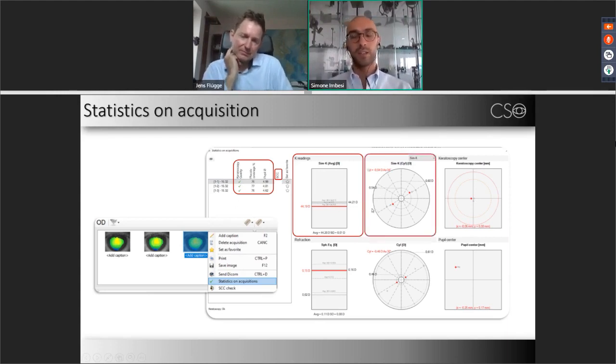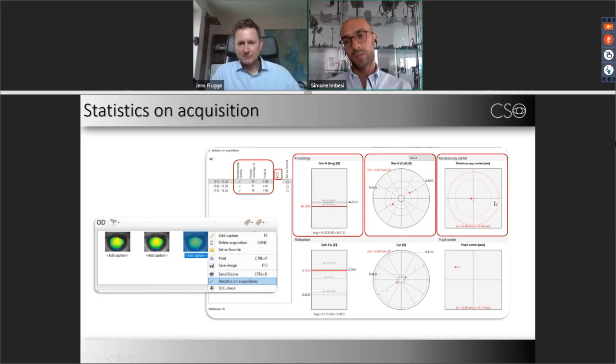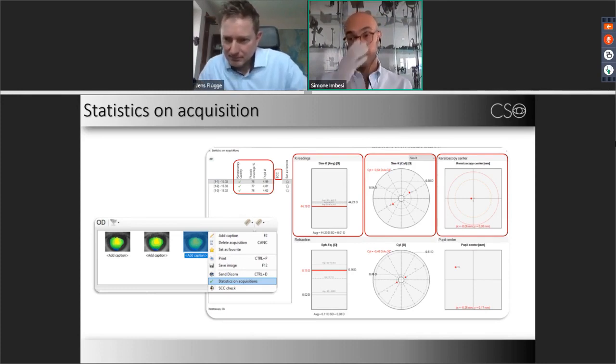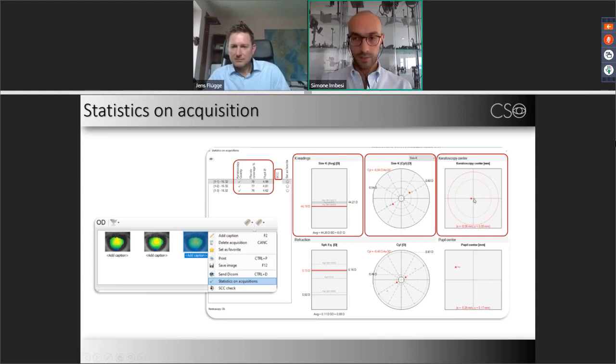We can get even information about corneal astigmatism, and one of the most important things that this report can analyze is the centration of keratoscopy. This means whether the corneal vertex is well aligned with the optical axis of the instrument. The best thing that you can do is have all the crosses here in the center of the big cross. The small cross is centered on the center of the big cross.